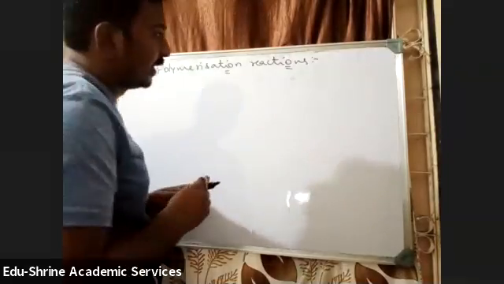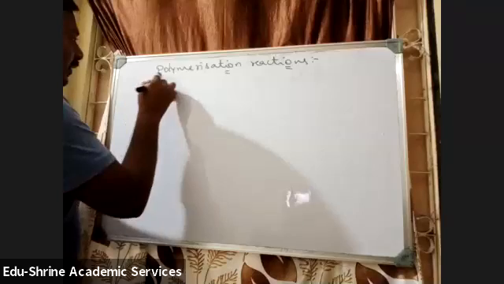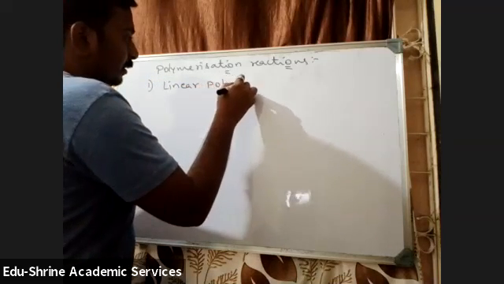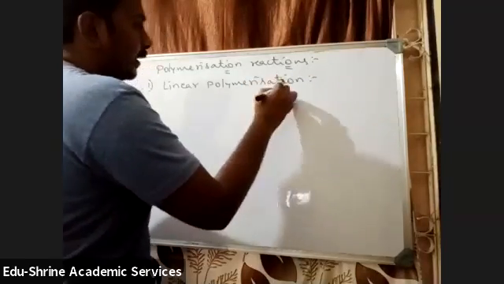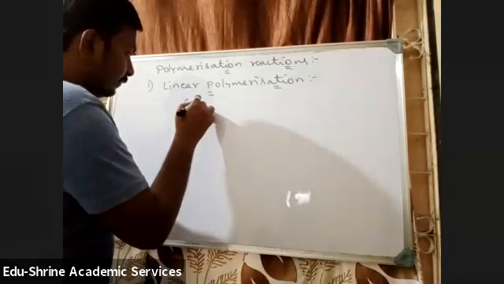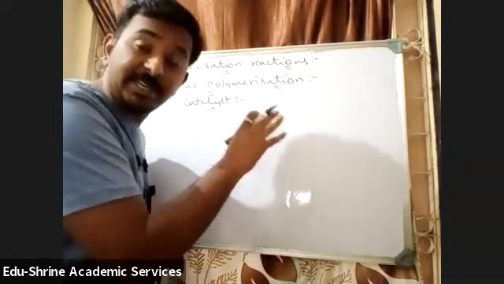Generally, alkynes will undergo two types of polymerization. The first one is called linear polymerization. The catalyst is important, students. Many times it was asked in NEET and CET exams.